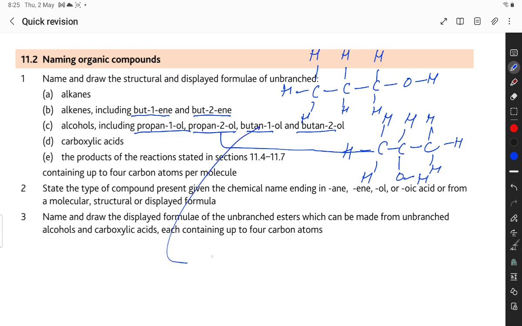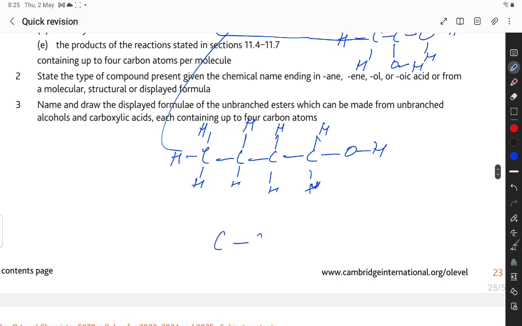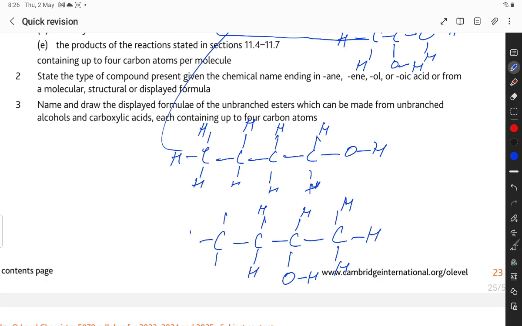And butan-1-ol, with H, H, H, H. This is butan-1-ol and this is butan-2-ol. This is butanol, and this is butanol.